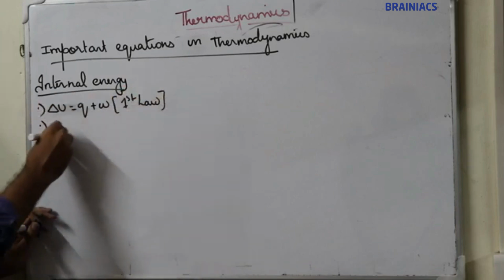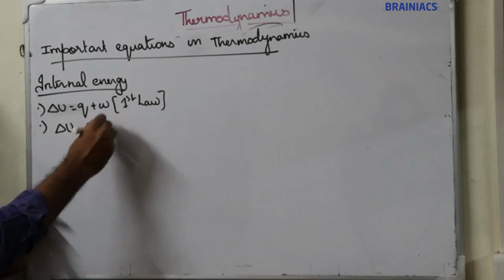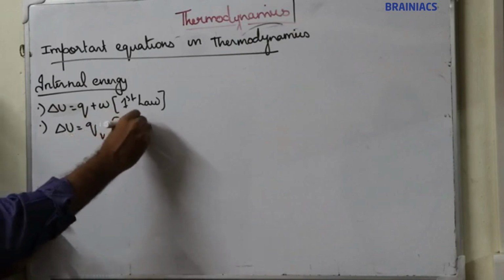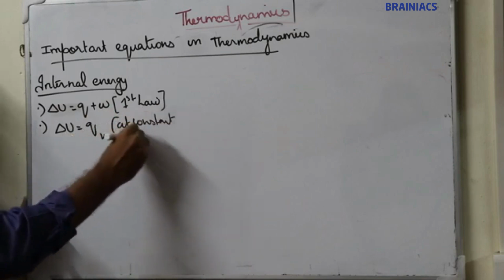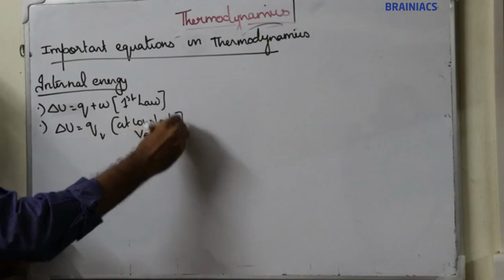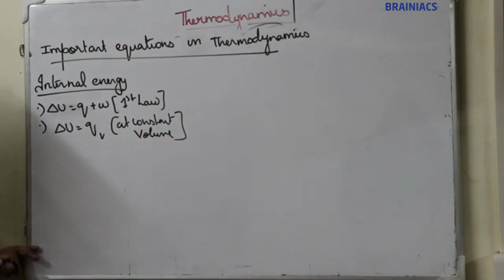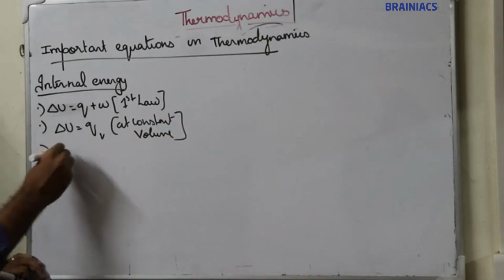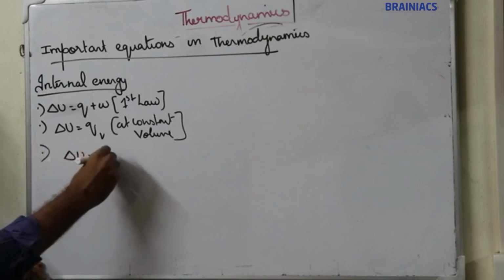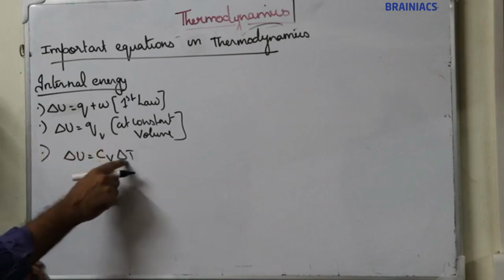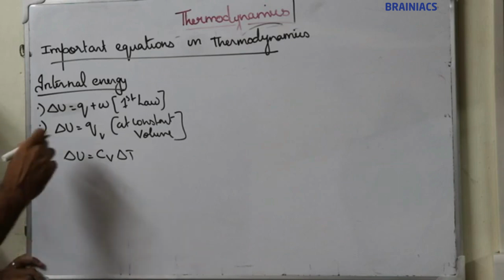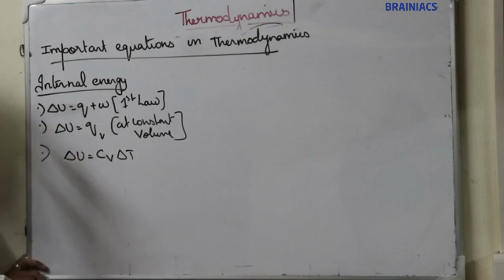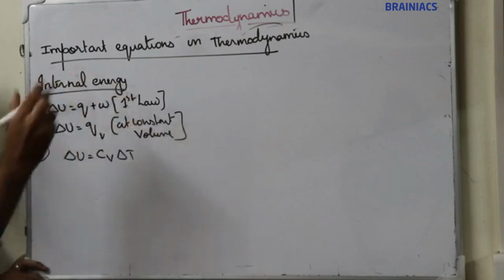Second equation, at constant volume, delta U is equal to QV. We have studied this equation. Third equation, delta U is equal to CV into delta T, heat capacity at constant volume into delta T. These are the equations we already studied for internal energy.